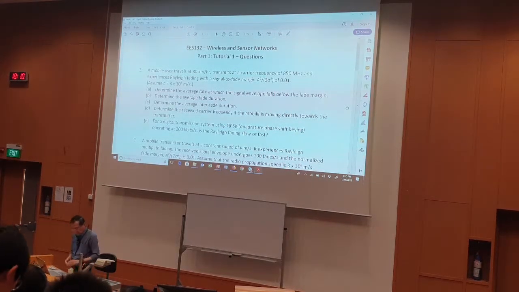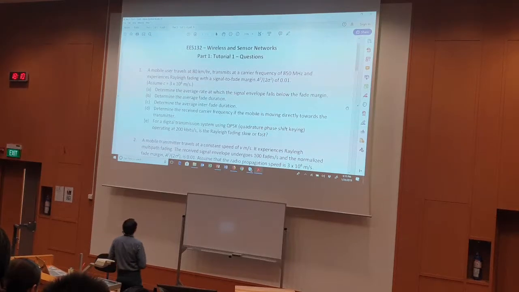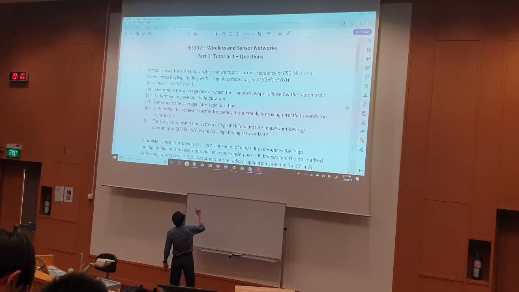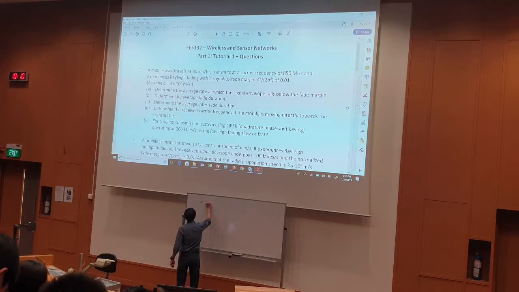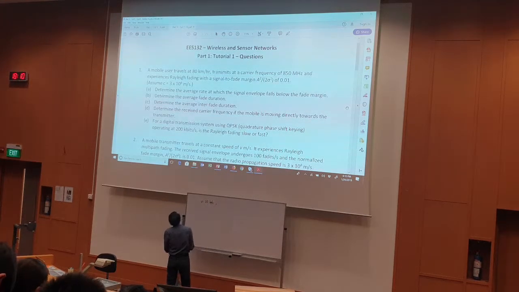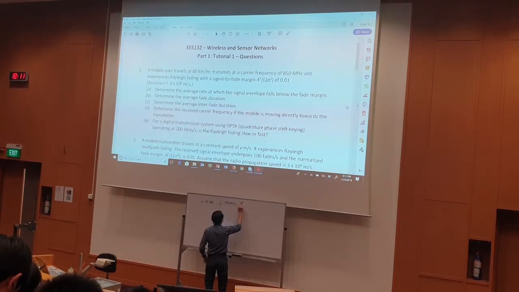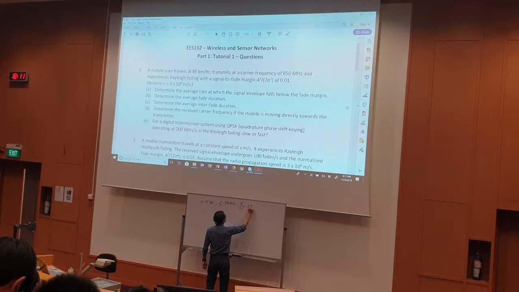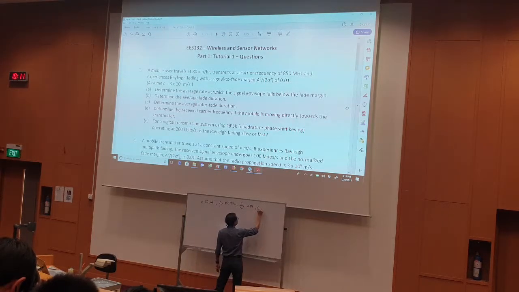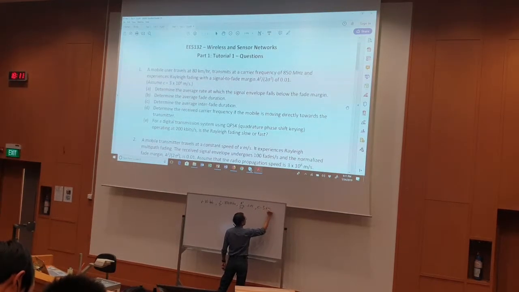Alright, so these are the things that are given. We are given that it travels at 80. We are given that the carrier frequency is 850 megahertz, that a squared over 2 sigma squared is 0.01, and that c is 3 times 10 to the 8.